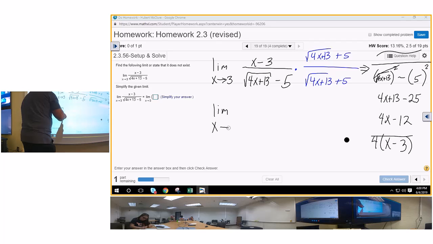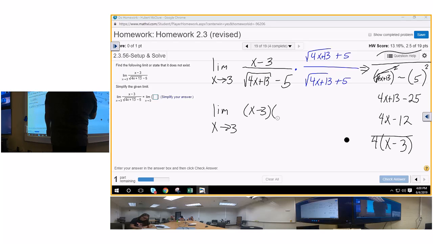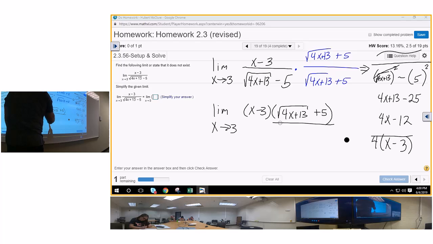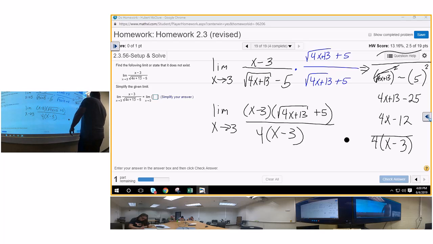So, we've got the limit as x approaches 3 of x minus 3 times the square root of 4x plus 13 plus 5, over x minus 3 with a 4 in front. And of course, the x minus 3's cancel.